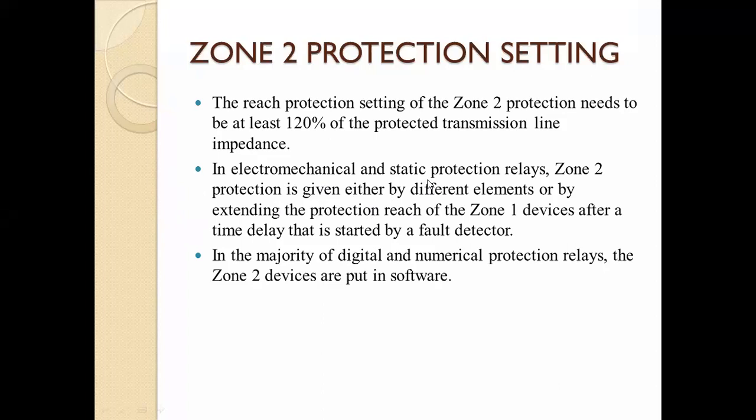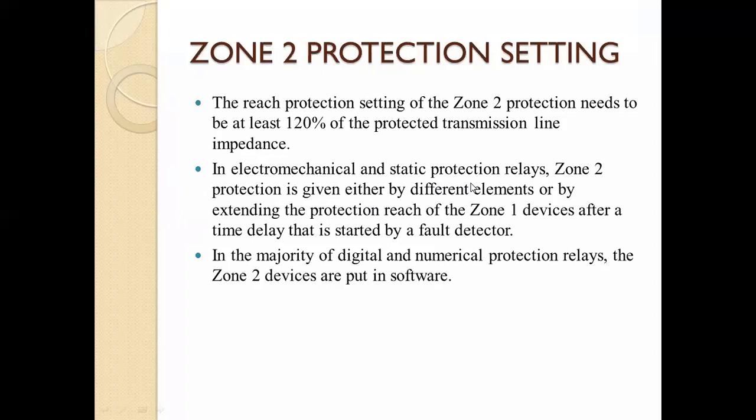In electromechanical and static protection relays, zone 2 protection is given either by different elements or by extending the protection reach of the zone 1 devices after a time delay that is started by a fault detector.